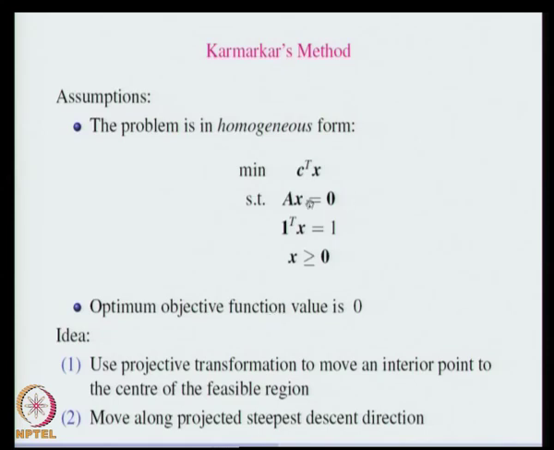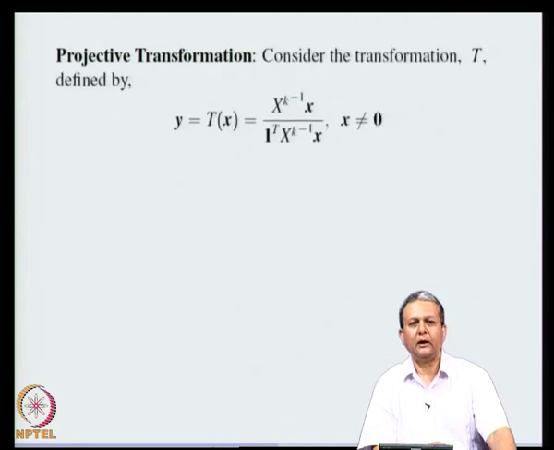Now, as I said, there are different ways to convert a linear program in standard form to this homogeneous form. So, this is not a serious drawback of Karmarkar's method. Now, let us look at the projective transformation used in Karmarkar's method.